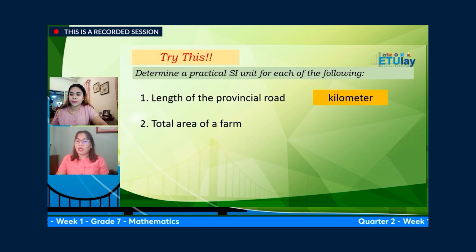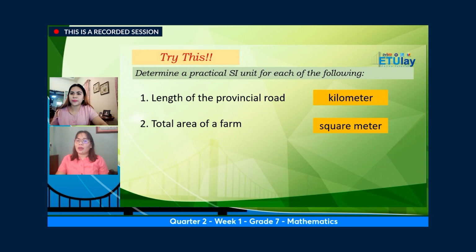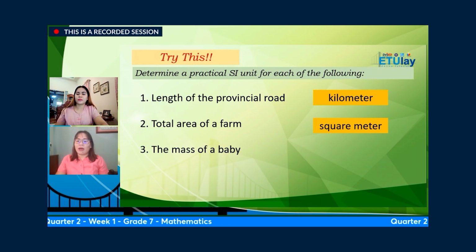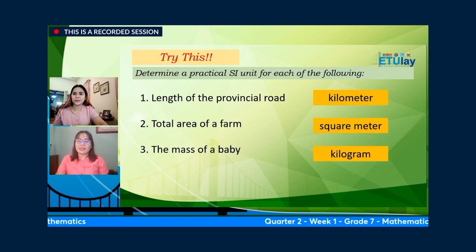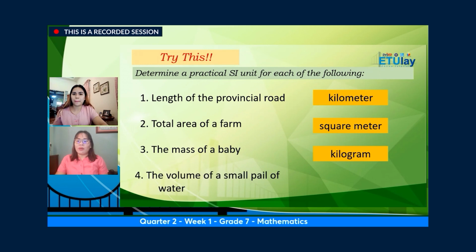For number 2, total area of a farm. Yeah, square meter. For number 3, the mass of a baby? And that is kilogram.